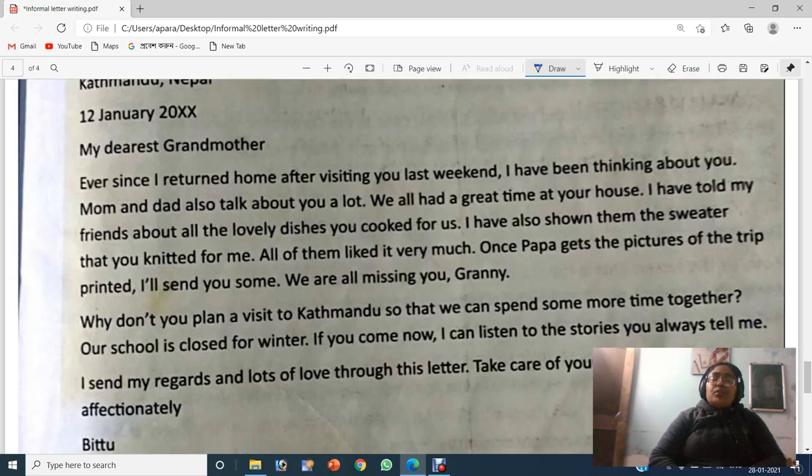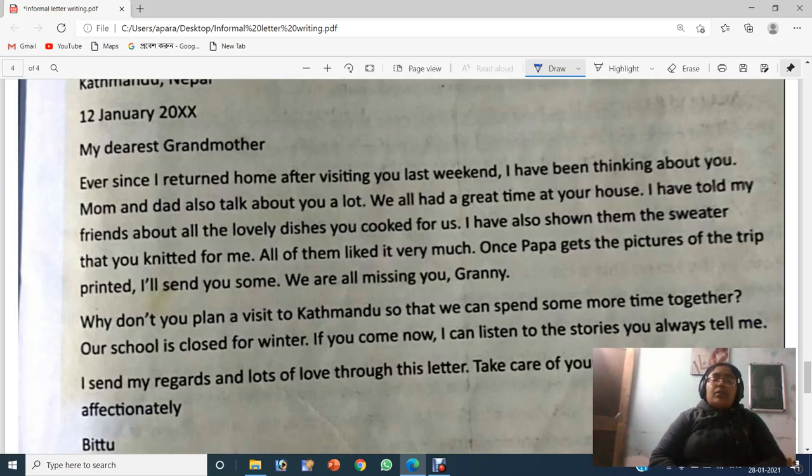I have also shown them the sweater that you knitted for me. All of them liked it very much. Once Papa gets the pictures of the trip printed, I'll send you some. We all are missing you, Granny. Why don't you plan a visit to Kathmandu so that we can spend some more time together?